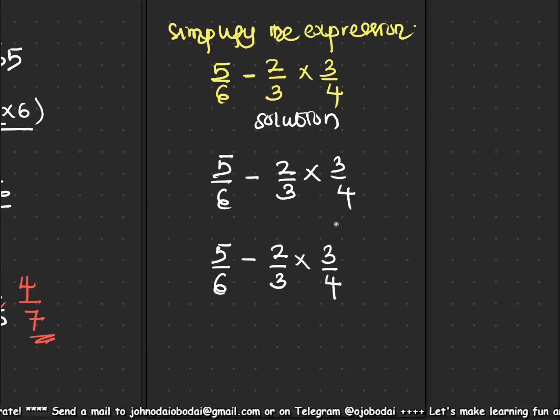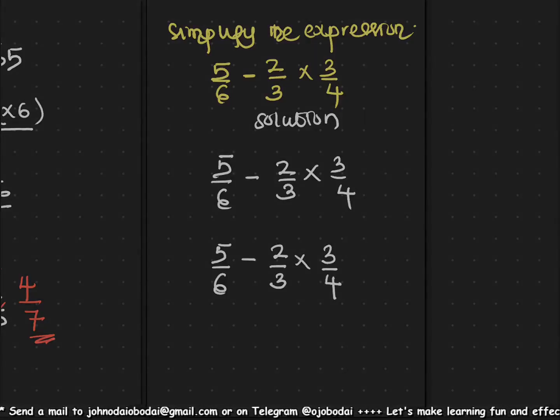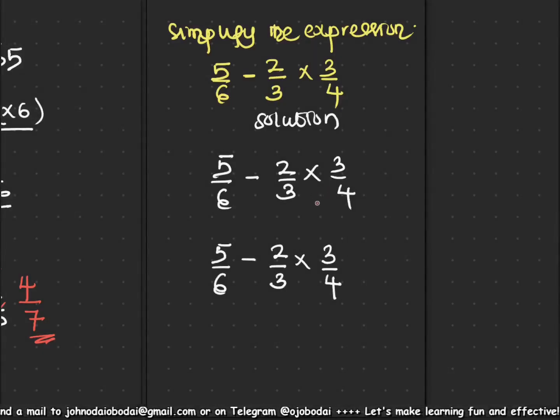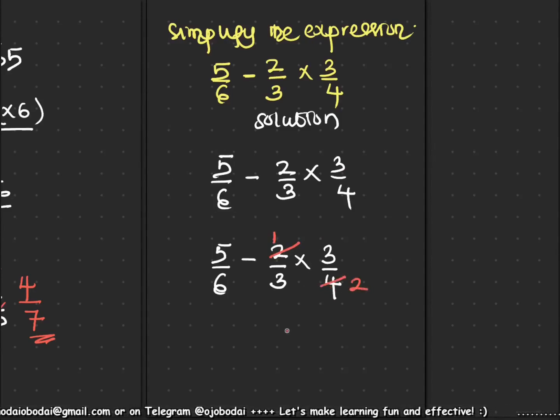Now, since we are multiplying this here, we ask ourselves, is there a way we can simplify before we multiply? Yes. This 2 divides itself once and divides this 4 twice. The same way, this 3 here divides this 3 once each.